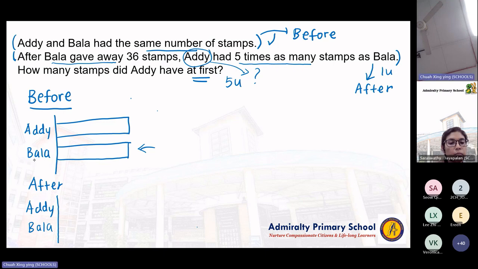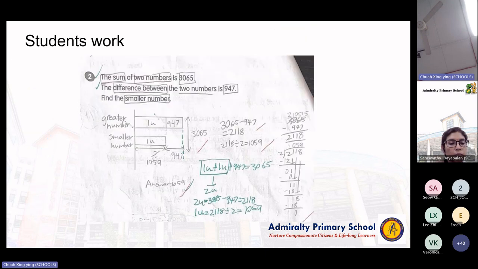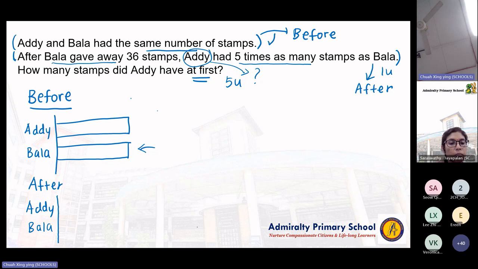Usually, what we get our children to see from a different perspective is that we will cut the before model to show them that, look, this is actually left with 1 unit, where Eddie will still have 5 units. That makes the labeling of 1 unit important, because some of them may have problems with the drawing. But when they label the 1 unit, they will tell themselves that it should be the same value.